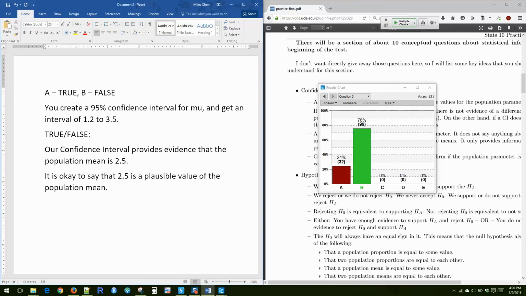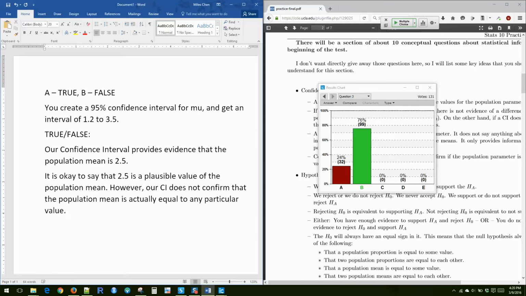That's okay, okay? However, our CI, confidence interval, does not confirm that the population mean is actually equal to any particular value.